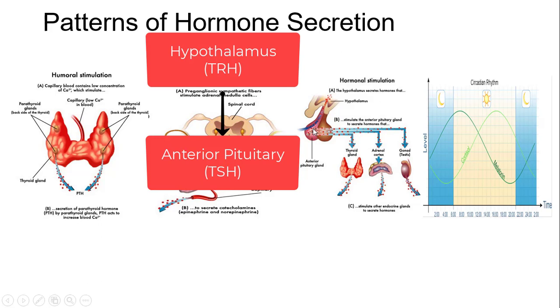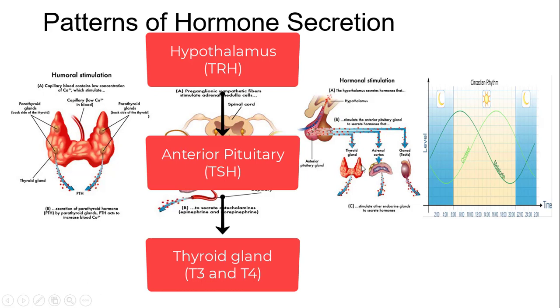TRH will stimulate the anterior pituitary gland to release a hormone called TSH, thyroid stimulating hormone. Thyroid stimulating hormone, on the other hand, will stimulate another endocrine gland to release hormone. In this case, it will stimulate the thyroid gland to release thyroid hormone, that is T3 and T4.